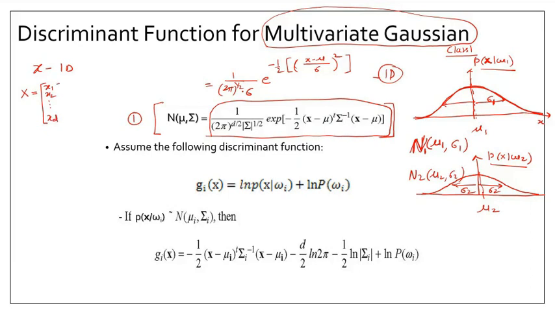D dimensions. Then mu is now the mean vector. You can note down this. X is the input vector and mu is called the mean vector. Now mean vector is given by mu1, mu2, mu3 up to mu d.